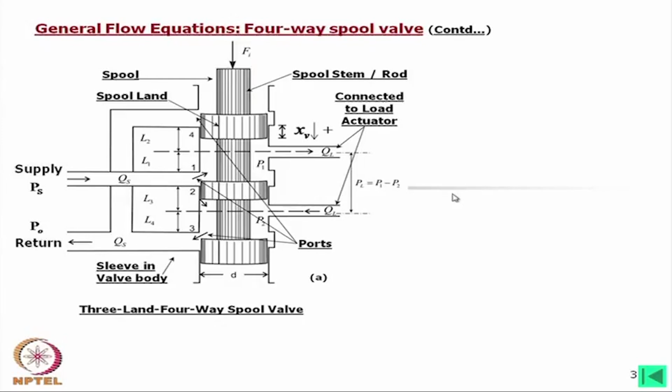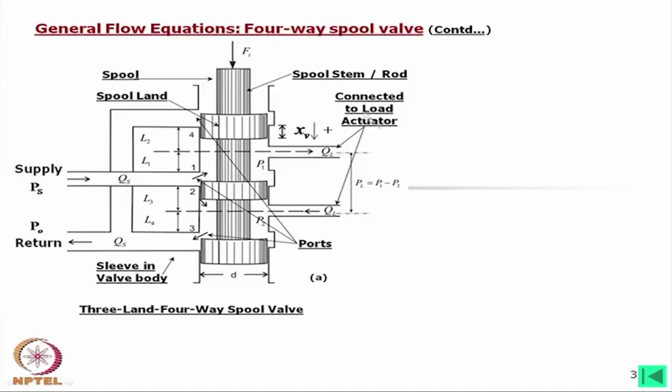We should consider this. Now, as far as the pressure is concerned, here what we find is that PL is called load pressure, which is nothing but P1 minus P2. Now, what is P1?